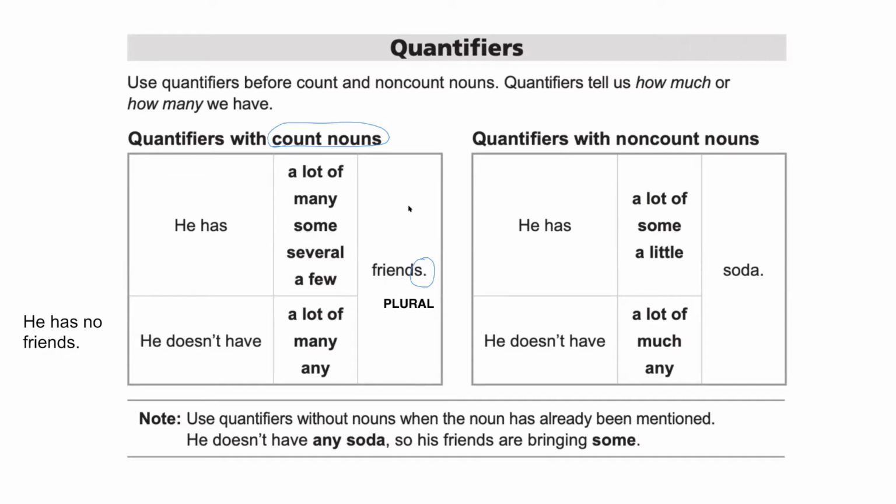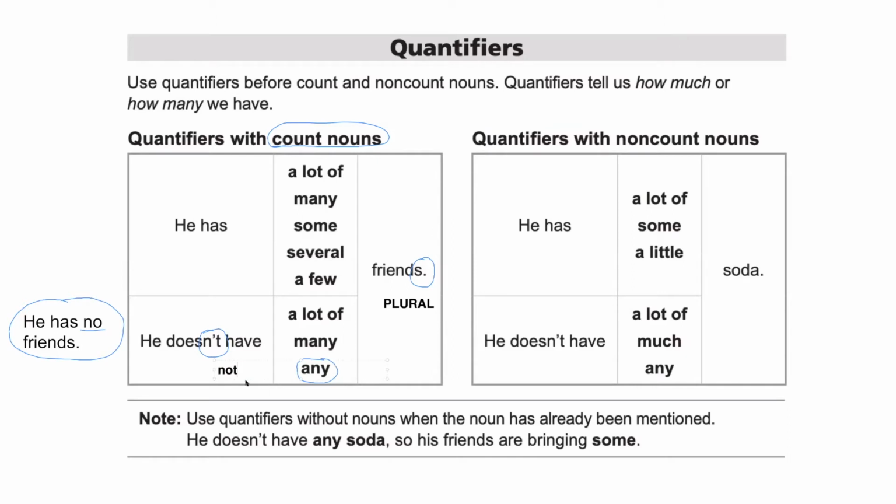I do want to mention over here on the left side of the screen, so hopefully you can see that you can also use the word no as a quantifier as well. So for example, if you notice where it says he doesn't have any, that contraction not, so that's what I'm trying to mention here this morning, is that if we use the word any, we use it with the word not.